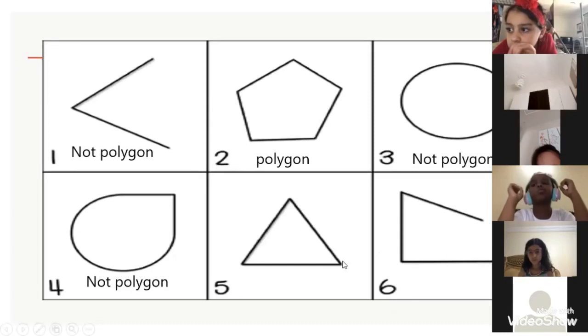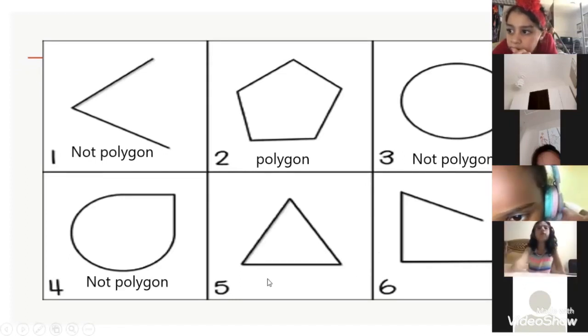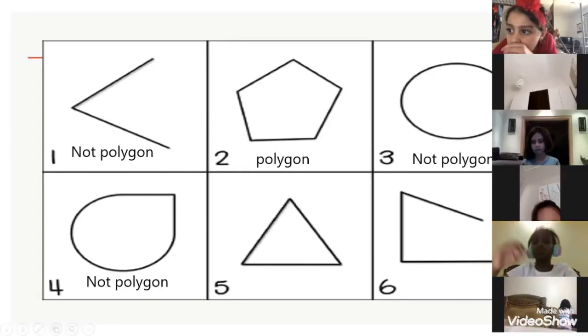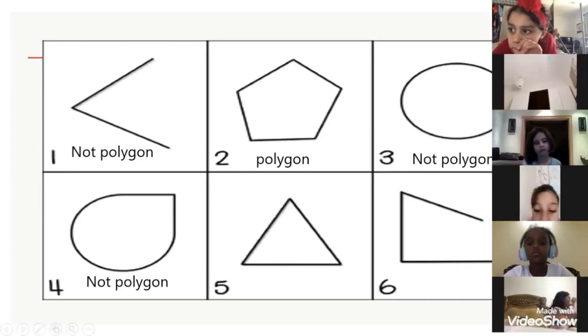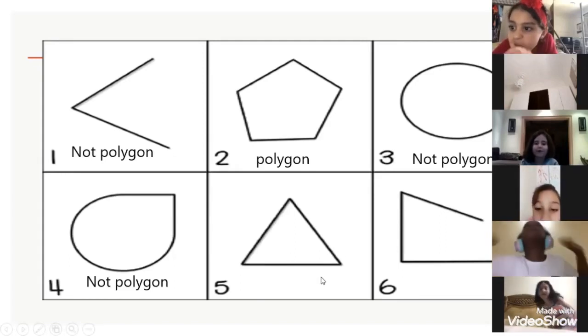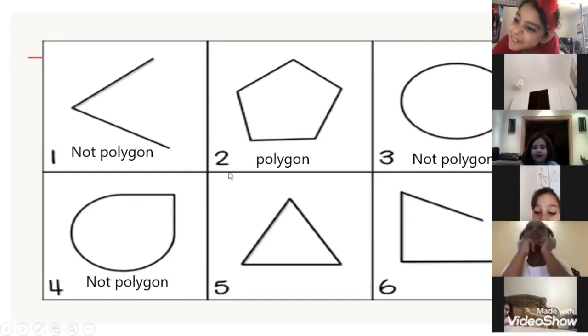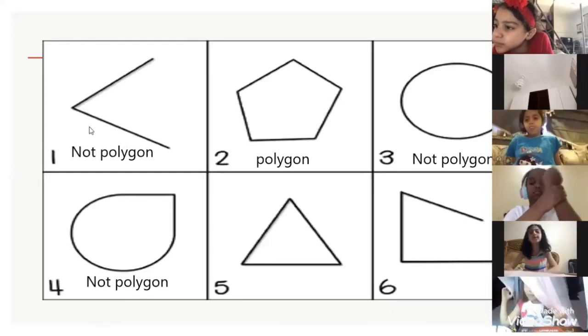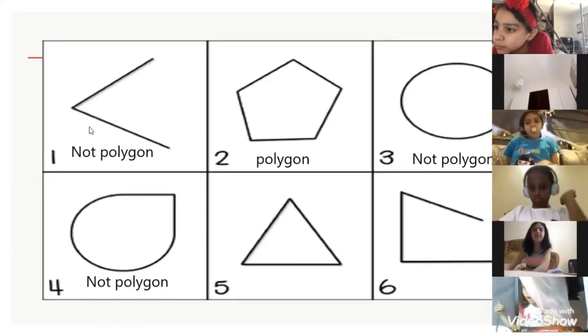Abrar, what about number 5? Polygon or not polygon? Okay, Mariam, number 5. Is it polygon or not polygon? Polygon.